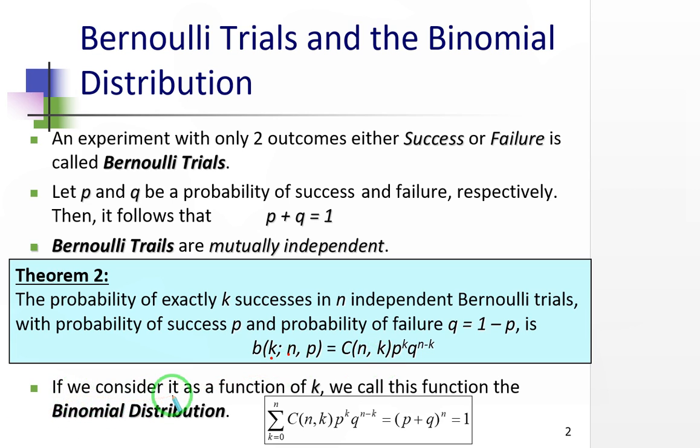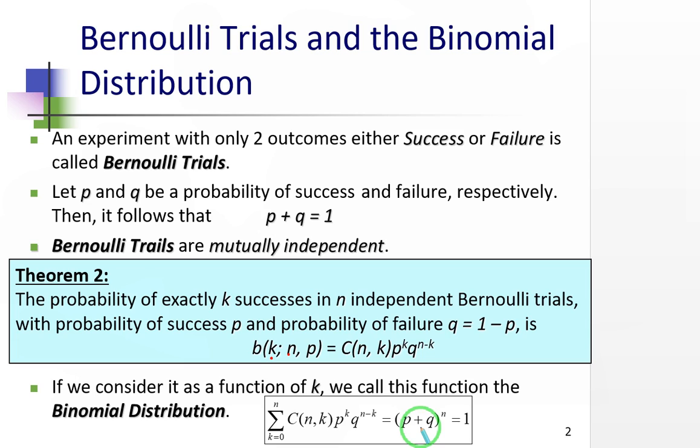If we consider it as a function of k, we call this function the binomial distribution. Again, the summation with k starting from 0 to n, where n is your total number of trials and k is your selection, is always equal to P plus Q raised to power n, which is equal to 1.